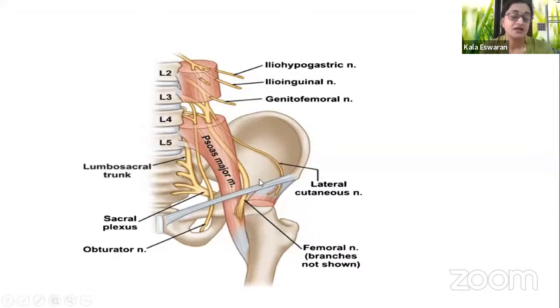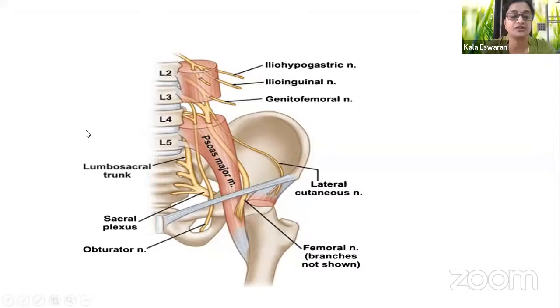It supplies motor to the quadriceps and the sartorius, and sensory to the anteromedial surface of the thigh, and the medial aspect of the lower limb, ankle, and foot via its terminal branch, the saphenous nerve.